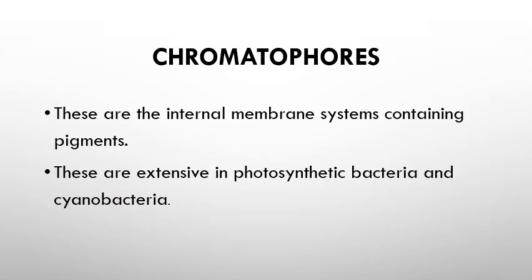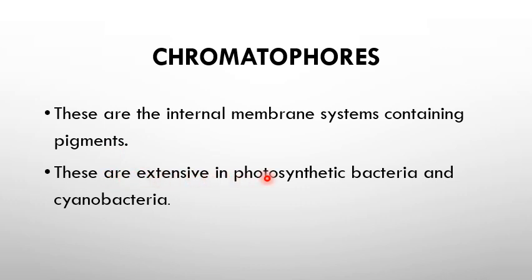The next is chromatophores. Chromo means colored bodies. So these are the internal membrane system containing pigments. Pigments means wherever there are some color structures which give them colored bodies. So they are extensive in the photosynthetic bacteria.